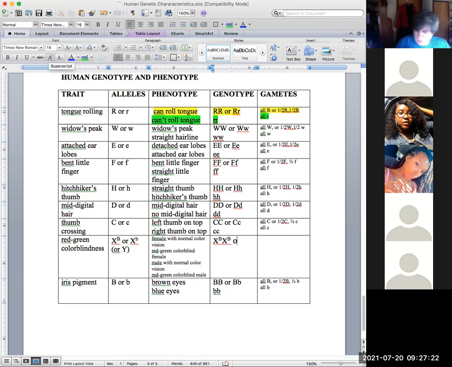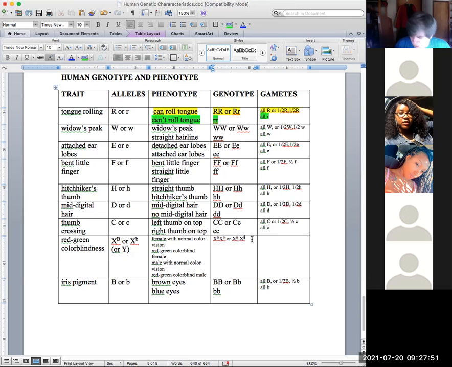So a woman with normal color vision could be X^B X^B, or she could be X^B X^b. What about a female who's colorblind?